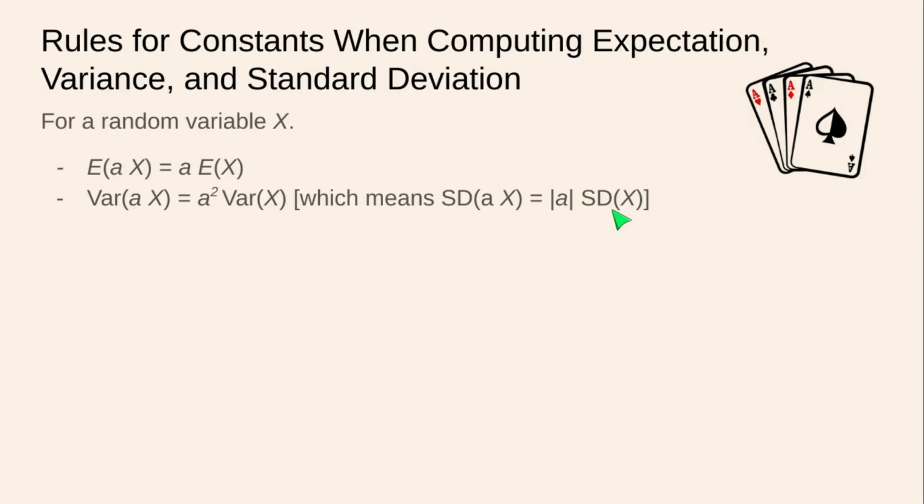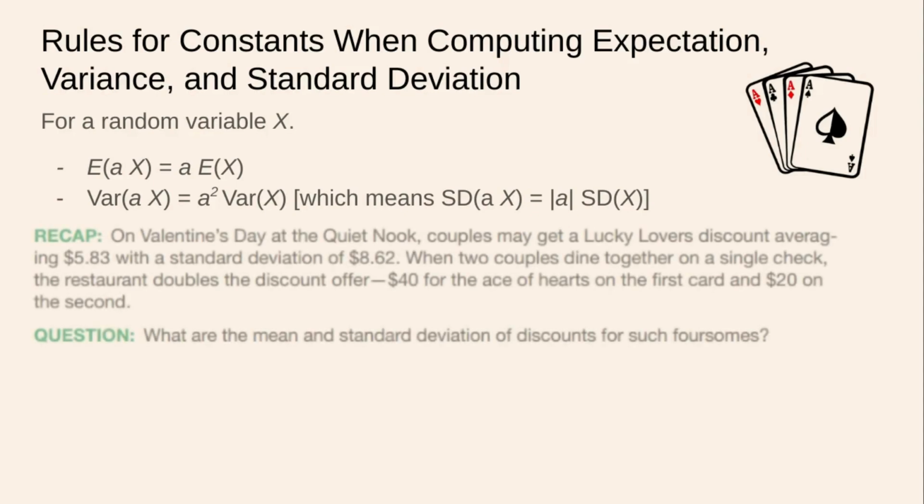So distance is a scalar, so we need to make sure that this stays positive. So the standard deviation of a times x is equal to, technically, the absolute value of a, though for our purposes a is going to be positive, times the standard deviation of x. All right, just don't want any angry comments saying, wait, this a needs to be positive. Yep, that's why I put absolute value bars around it, just as a formality.